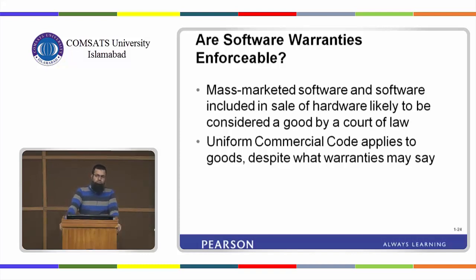This code is related to the products and services that we have, like banking services and all other tangible products. But when we talk about software, there is a debate: either it's really a product like other products, or it is something else.